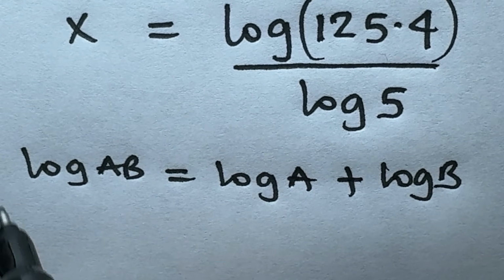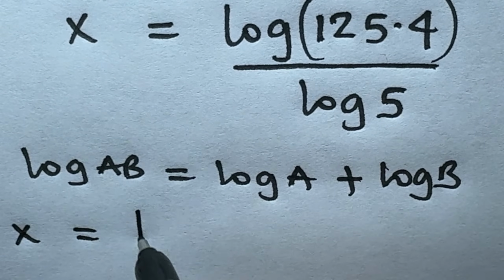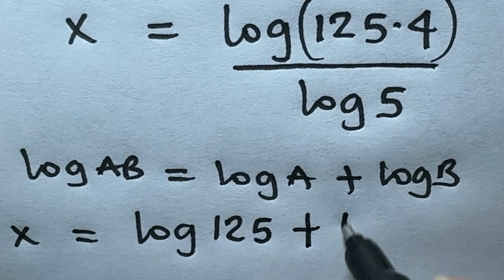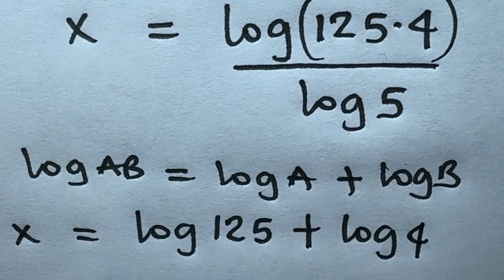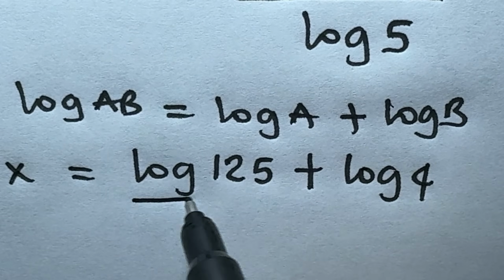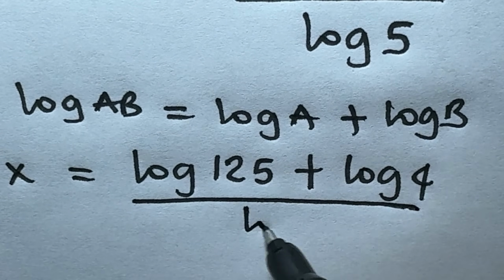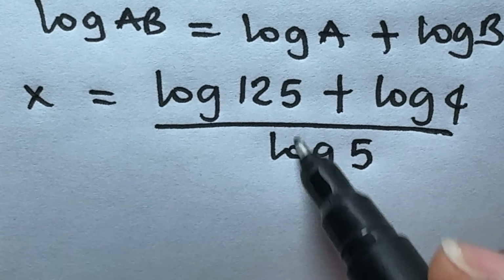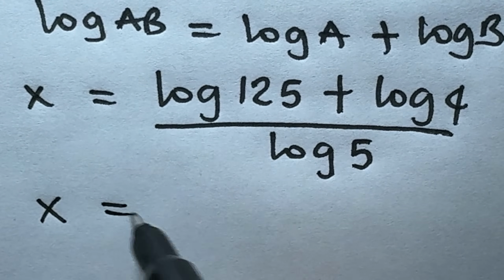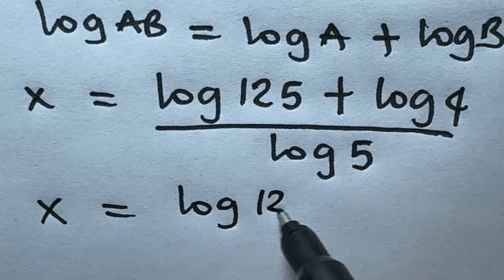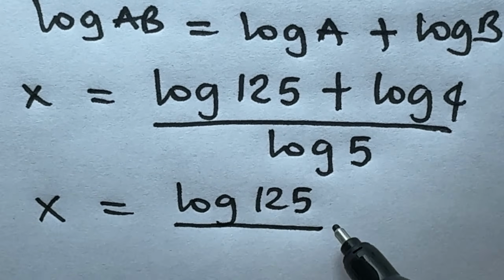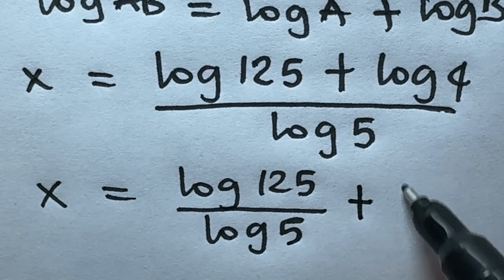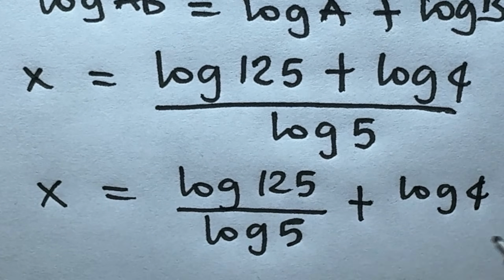Then we say x is equal to log 125 plus log 4, then divided by log 5. We can divide this division to give us log 125 over log 5, then plus log 4 over log 5.